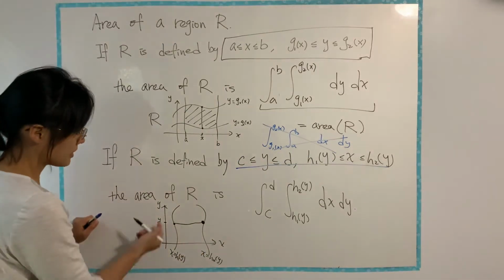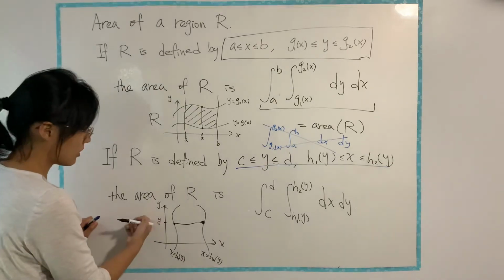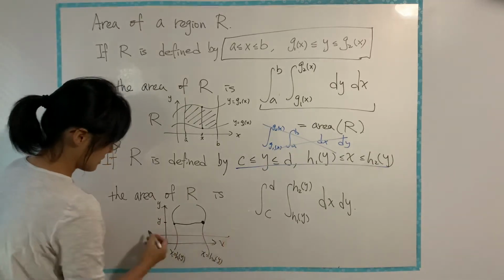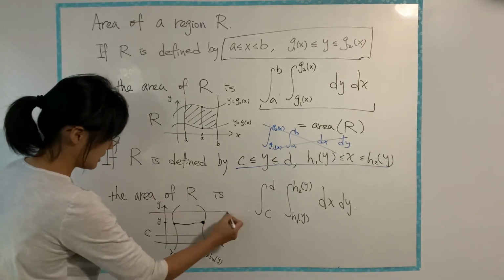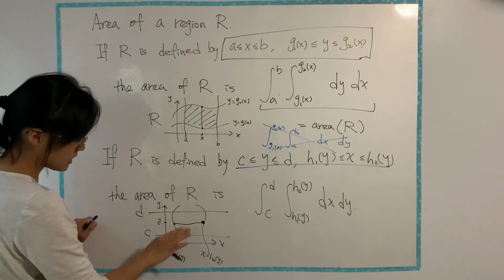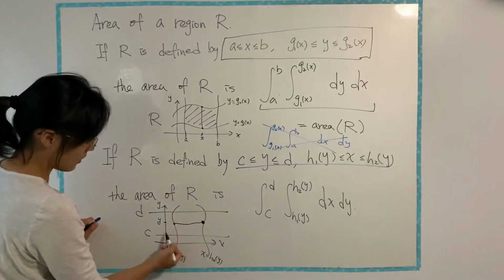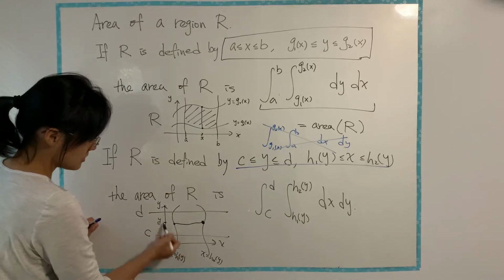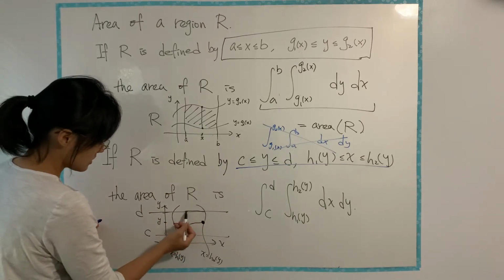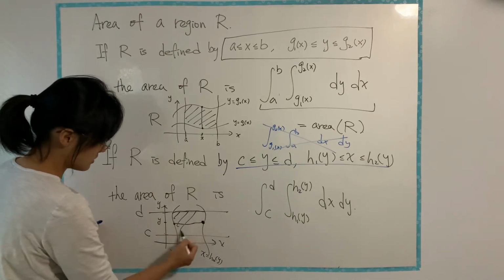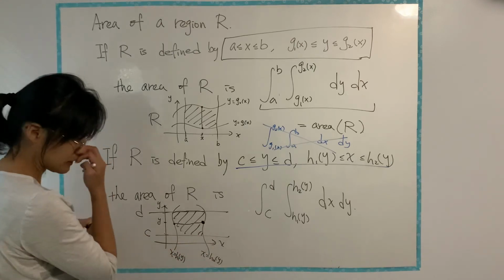But I want to restrict my y between C and D. So I don't care about other parts. I only want the part of y from C to D. So this now is the region that we have.